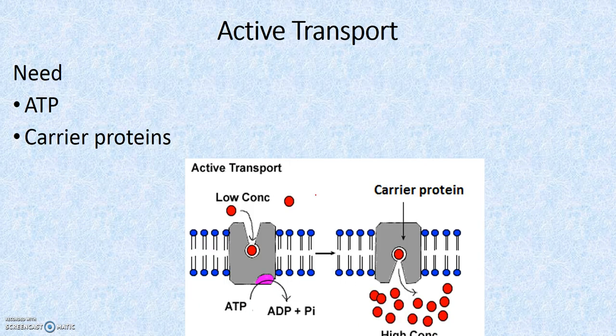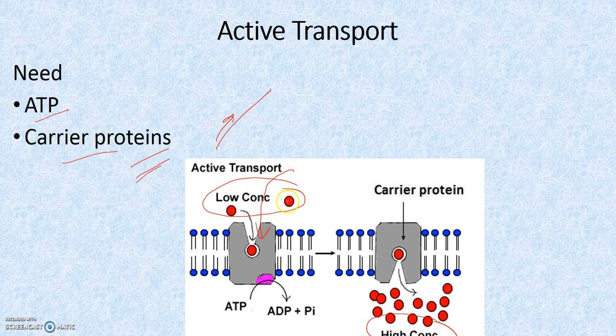We are talking about active transport. Active transport requires ATP and carrier proteins. Well, ATP we understand, okay? We are going uphill. If you are going uphill, if you are going from low concentration to a high concentration, you absolutely need to pump ATP. You are going to use the ATP to pump these molecules from low to high. But you also need carrier proteins.